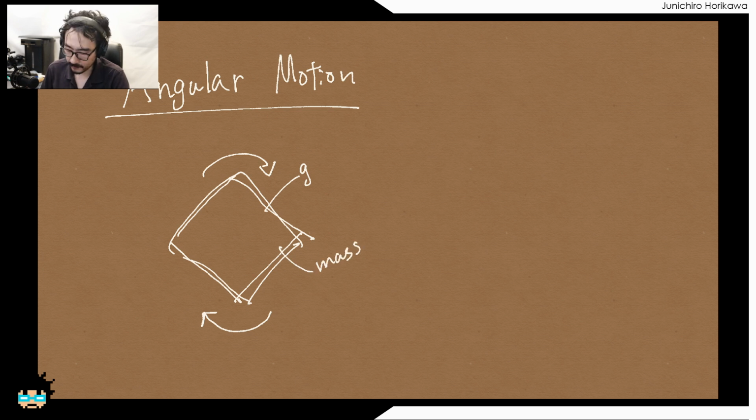And just by using these two values, we can estimate its force value. So we could say the force F could be equal to mass multiplied by g. And that's it. And then we could add this force to an angle.